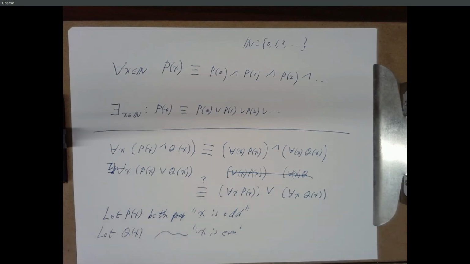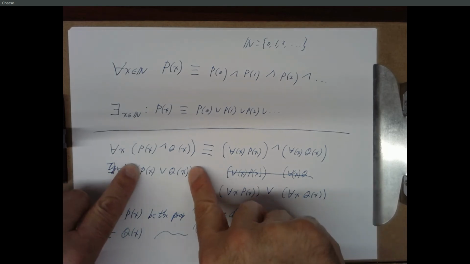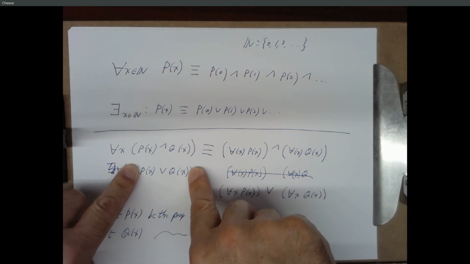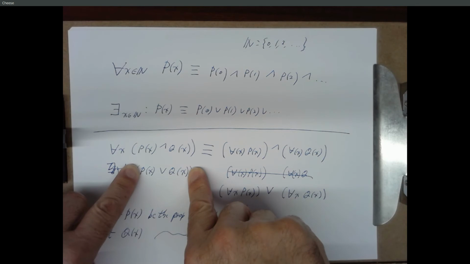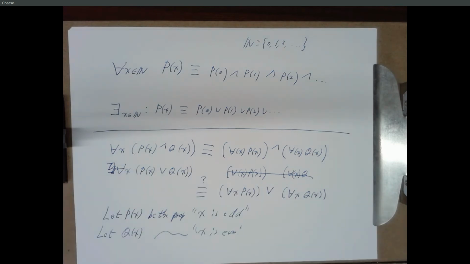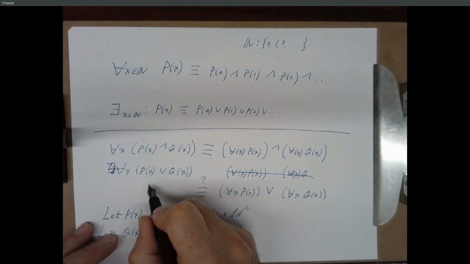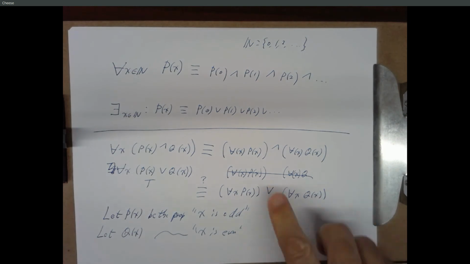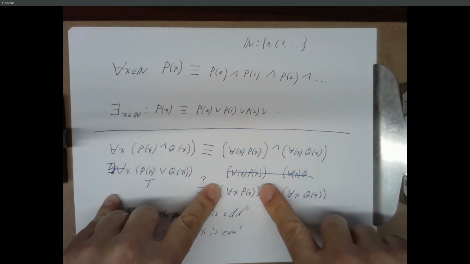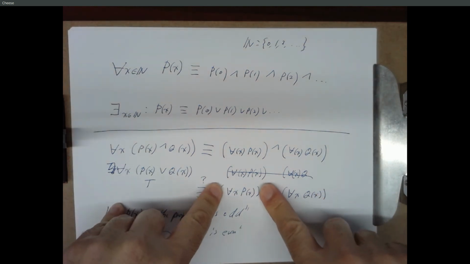So let's let P of X be the proposition X is odd, and let Q of X be the proposition X is even. So the left side says for all X, X is odd or X is even. We're working over the integers still. So is that a true proposition? That's true. Any integer is either even or odd. Okay, this proposition on the right, for all X, P of X says for all X, X is odd.